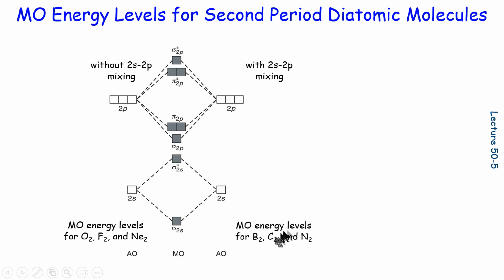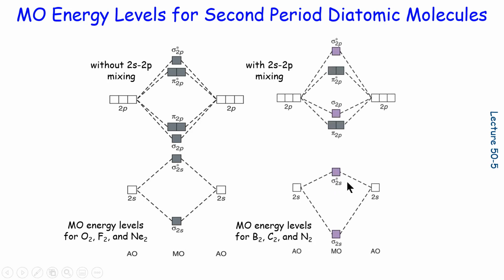Now let's take a look at the other 3 diatomic molecules, B2, C2, and N2. For those, if you look at the order, after sigma 2s, it's not sigma 2p anymore, it's pi 2p. And then you have the sigma 2p.